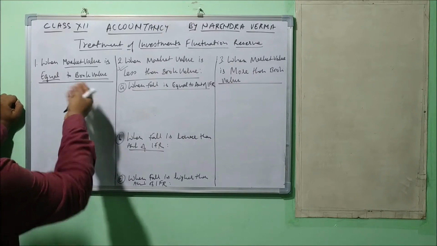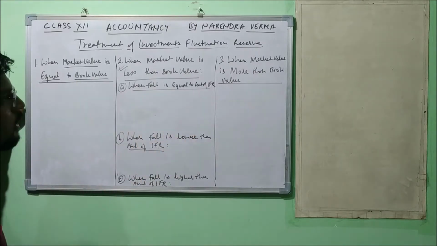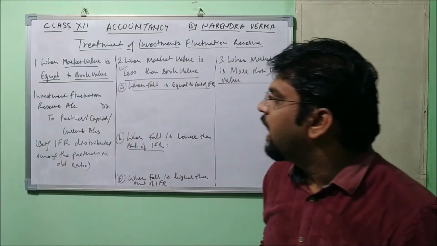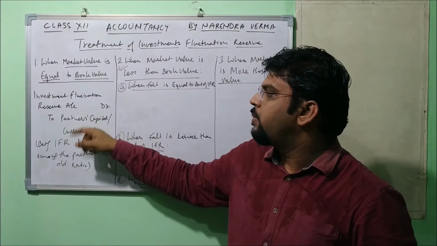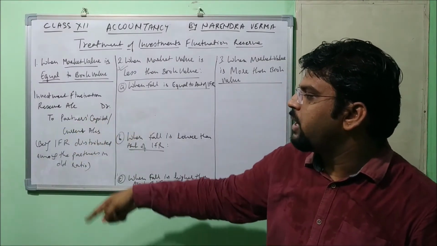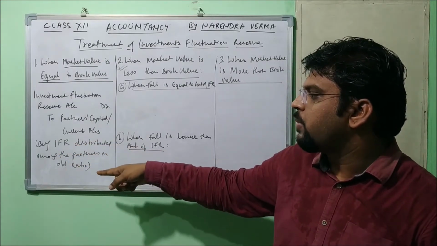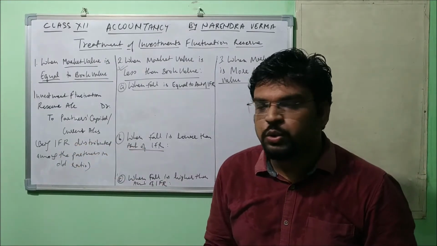But right now there is no purpose because fall is not there. So entire investment fluctuation reserve will be distributed among the partners. And what will be the entry? I would like to show you here, right? Have a look. Investment fluctuation reserve account debit to partners' capital or current account, being IFR distributed among the partners in old ratio. Understood?